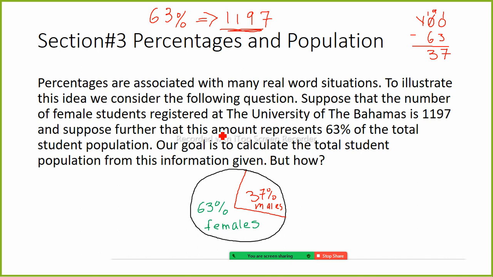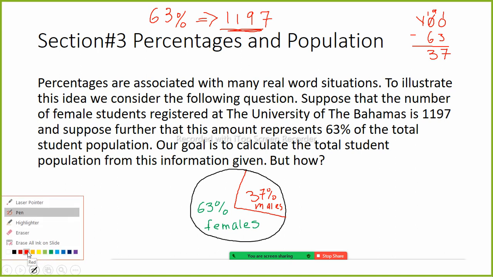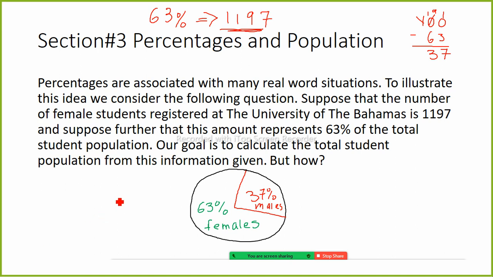So this is how you could answer this question. Just like how Sierra said, if I have my total, the total amount of students that we have in the school, let's represent that by capital T.